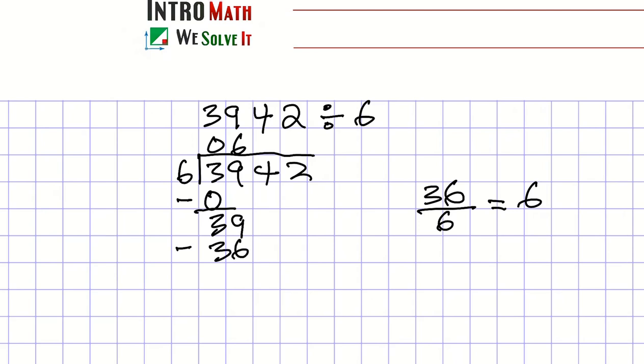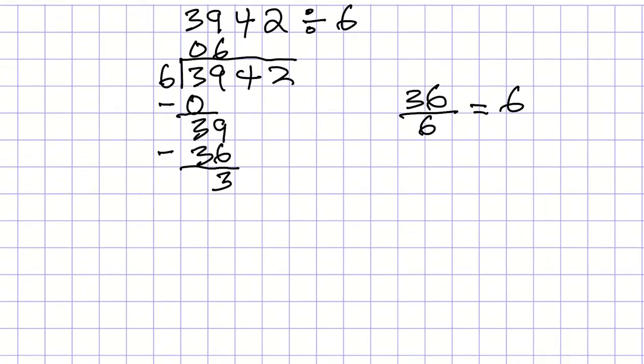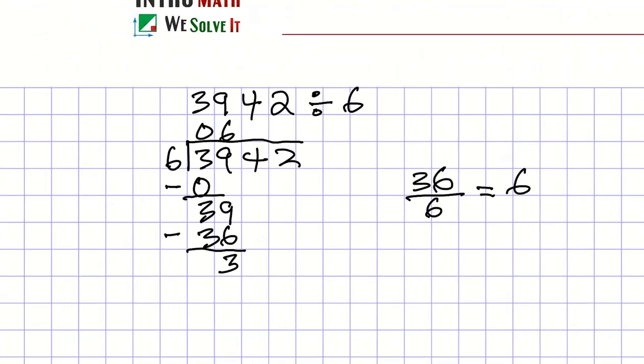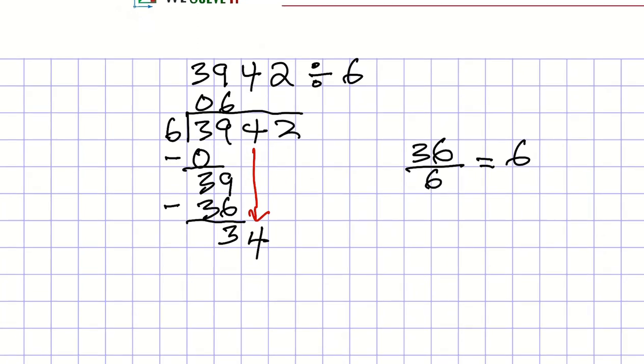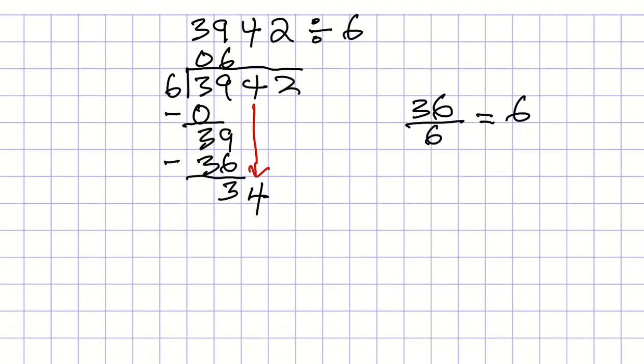And then you put the subtraction symbol, you subtract, you get 3 here. So you repeat the process, you bring the 4 down, put the 4 down here, and then you repeat the process.